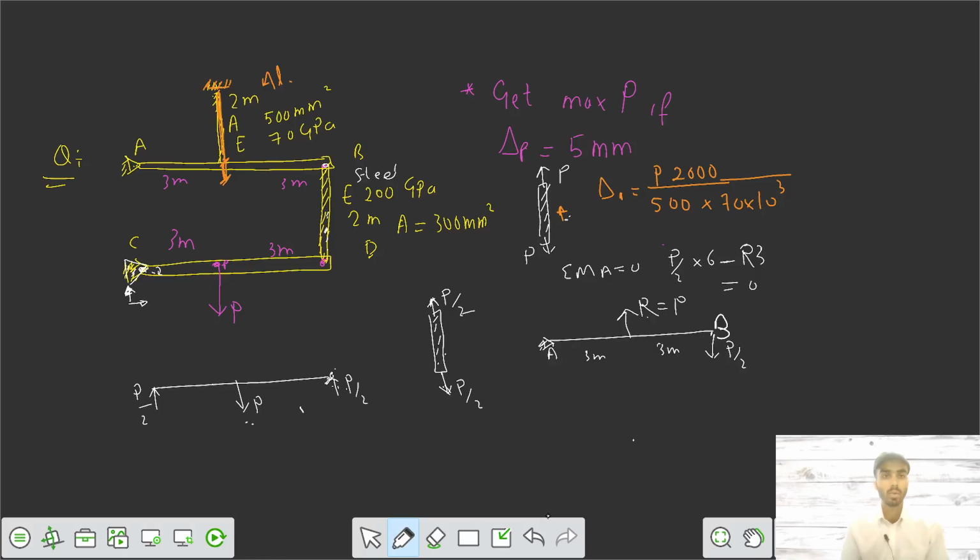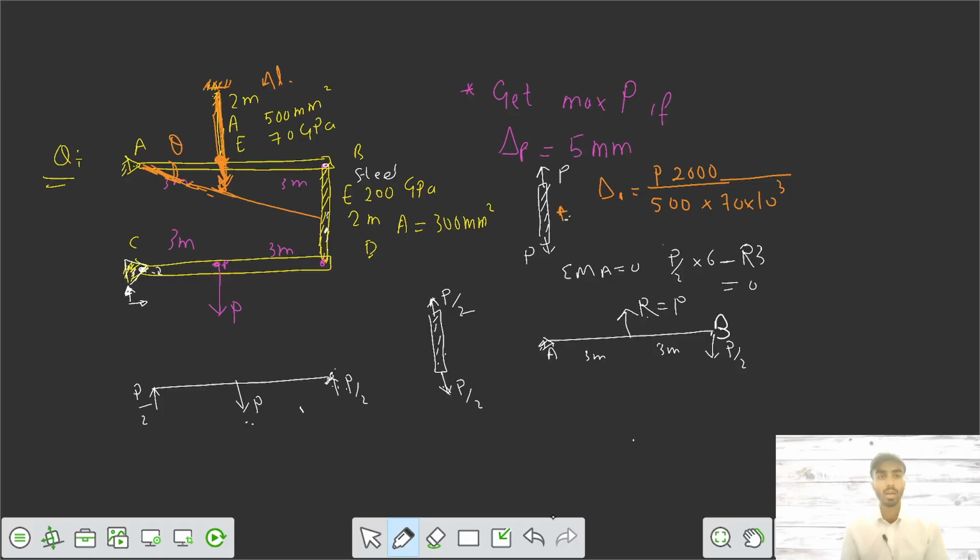See, here the bar connection is rigid. If this point goes downwards by delta 1, the bar has to go downwards also, because it can't deflect like this. Your aluminum is getting elongated, so it can't go this way. Because the bar is rigid, it has to rotate by say theta, so that overall this point reaches this point and your bar gets elongated.